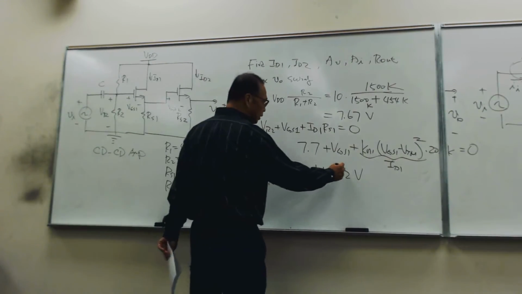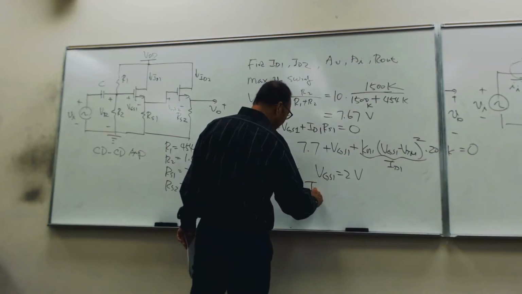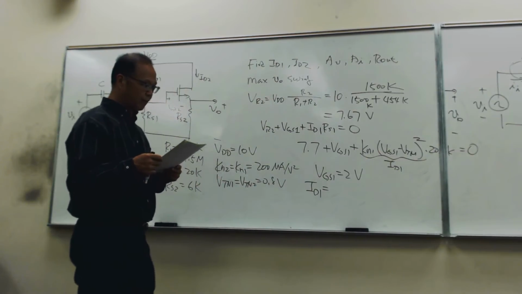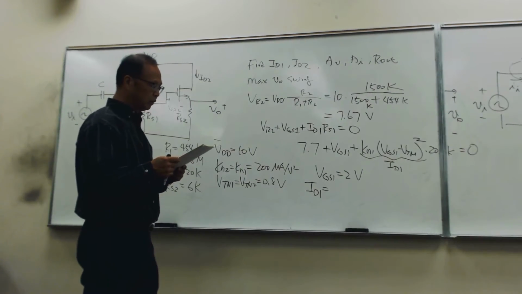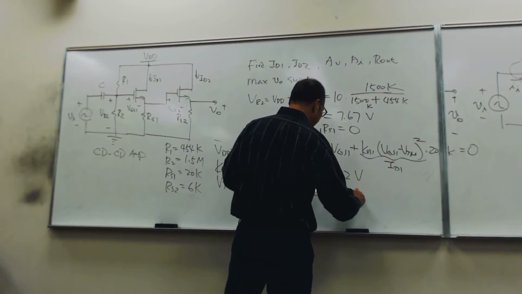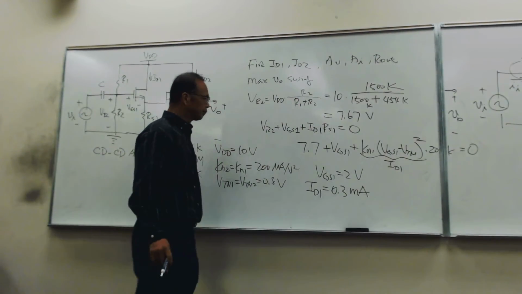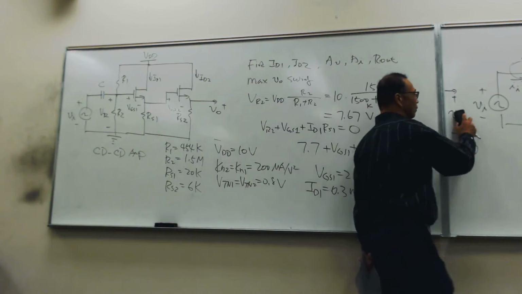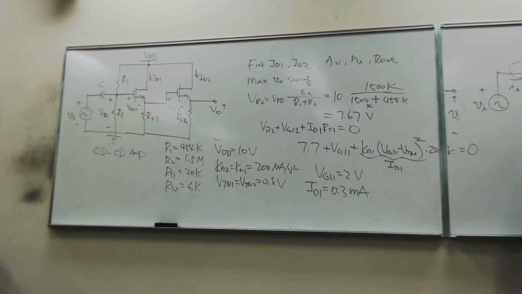So once you find VGS1, you can calculate ID1. Put this here, and you will find ID1 equal to about 0.3 milliamps. So that's the first stage.